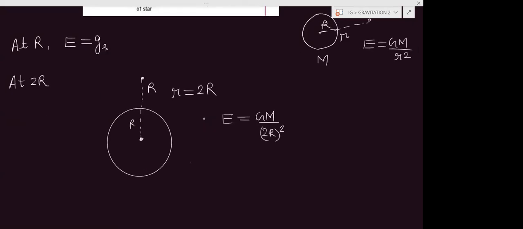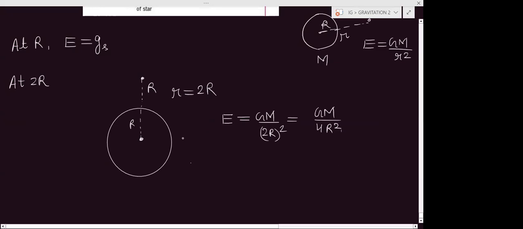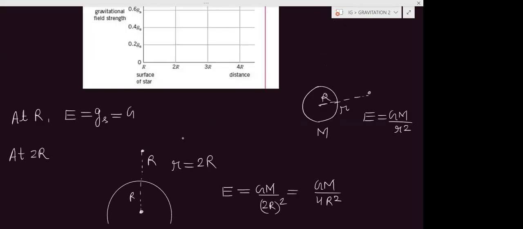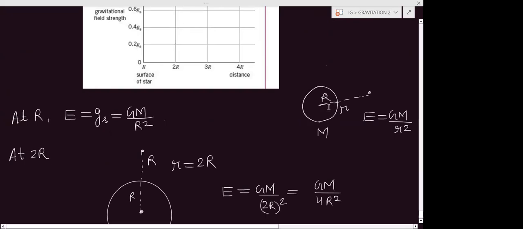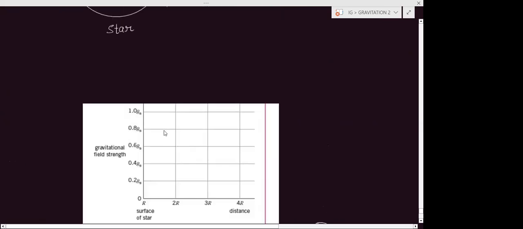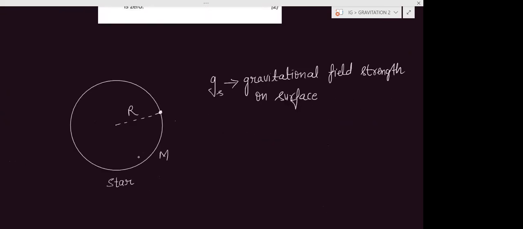Shafuddin, try to understand. Basically, you will get GM divided by 4r square. 4 into r square. Now GM by r square, this value is GM by r square on the surface of a planet.